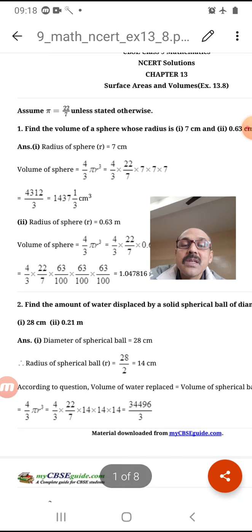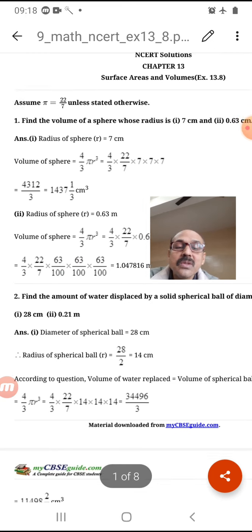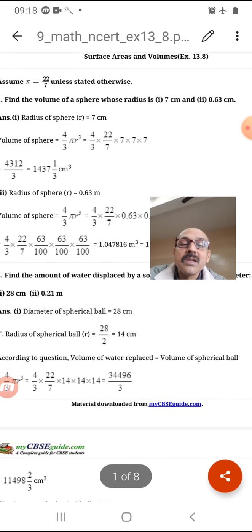The first one, diameter is 28 centimeter. So radius is 28 by 2, 14 centimeter. Now according to the question, volume of water replaced equal to volume of spherical hull.